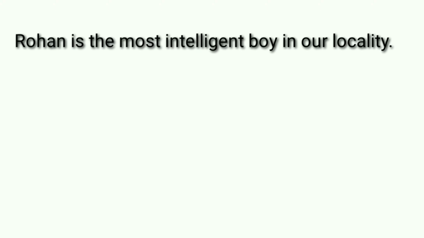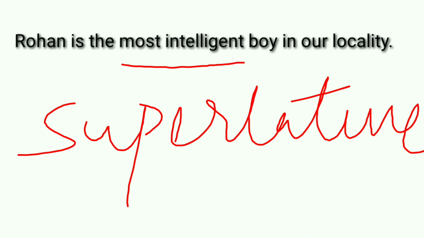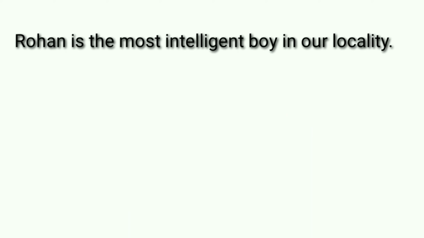We can change the degree of comparison of an adjective in a sentence without changing the meaning of the sentence. For example, Rohan is the most intelligent boy in our locality. Here this sentence is in superlative degree, and we can write the same sentence in two other ways without changing the meaning.